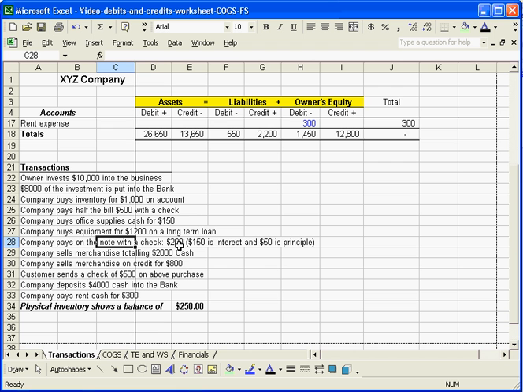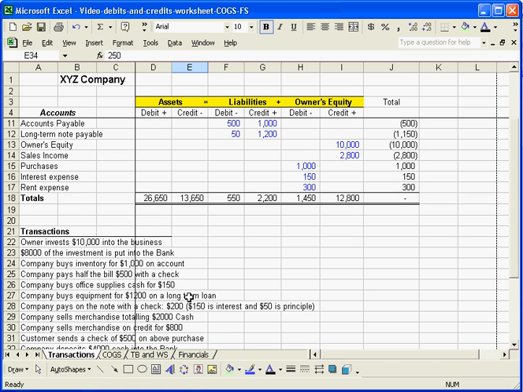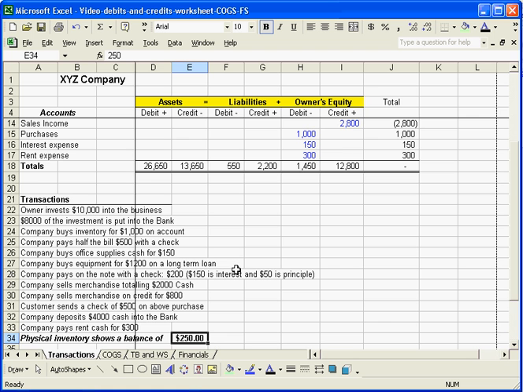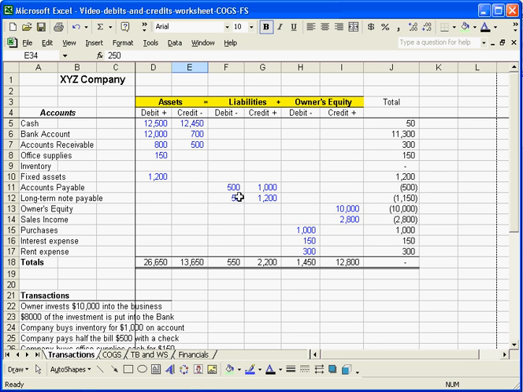But I'm going to stop there because this physical inventory, we can't post it here as a debit and credit. We have to actually calculate the cost of goods sold before we can put an entry in and get that as part of our transactions here.